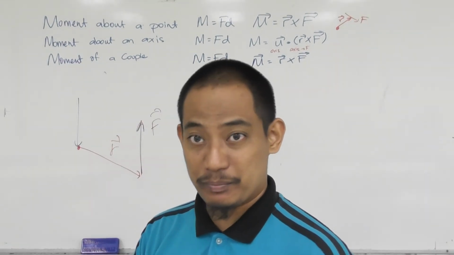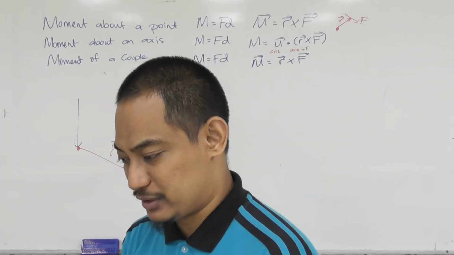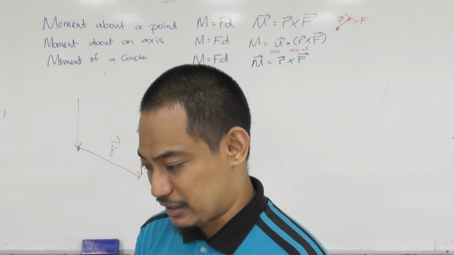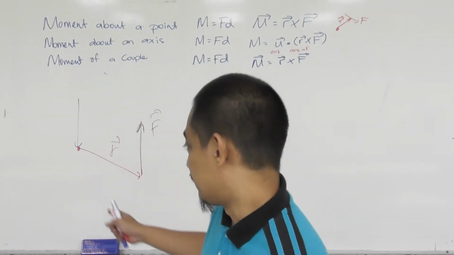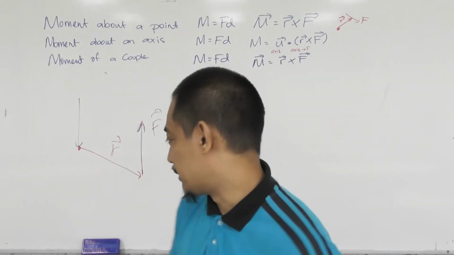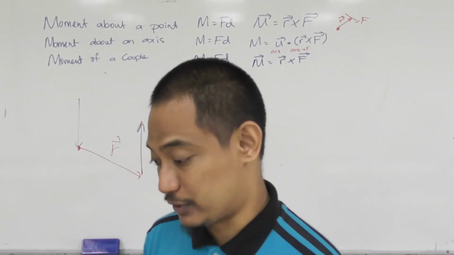Please do try this problem because I think the issue here is some students might not even realize that the x distance for this one and this one is different, so that when you get the R, you will have some value for the x coordinate or x component, right?